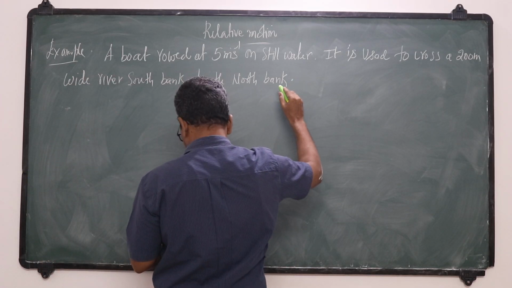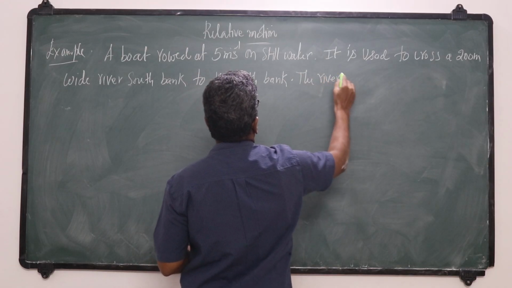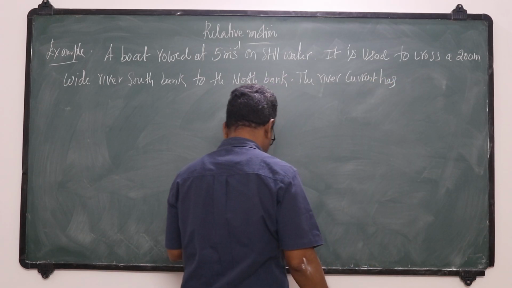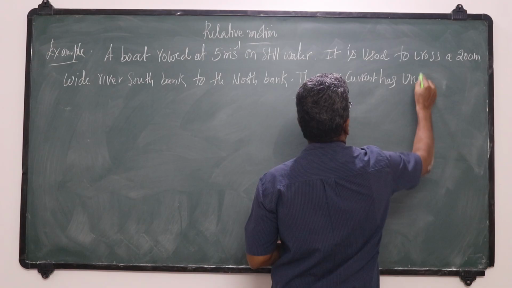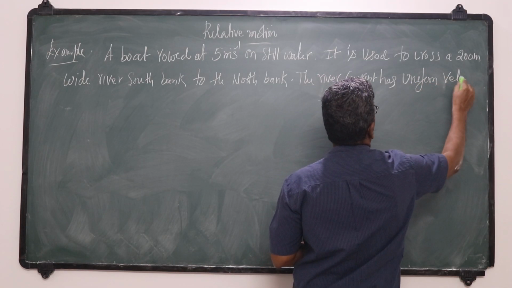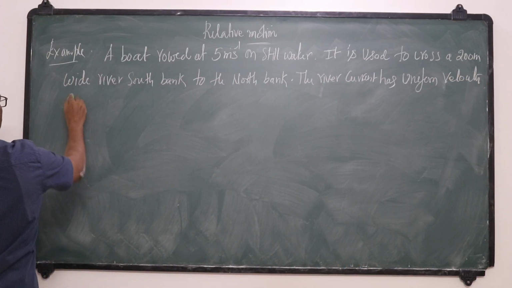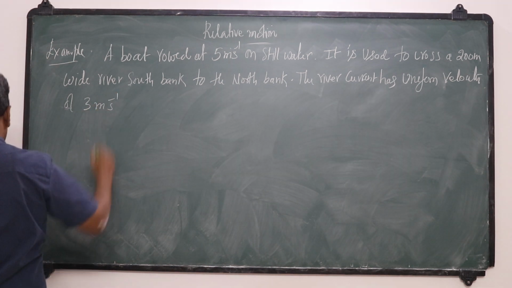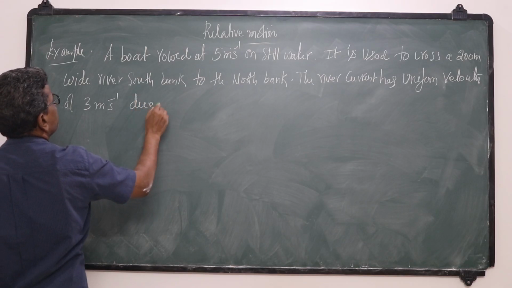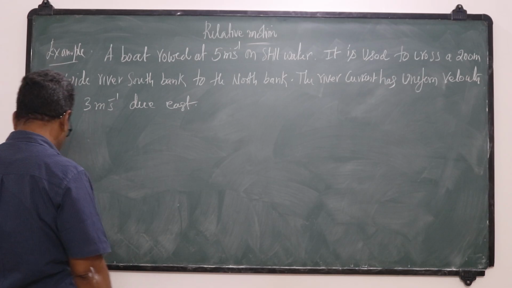The river current has a uniform velocity of 3 meters second inverse due east. So the river is flowing east.